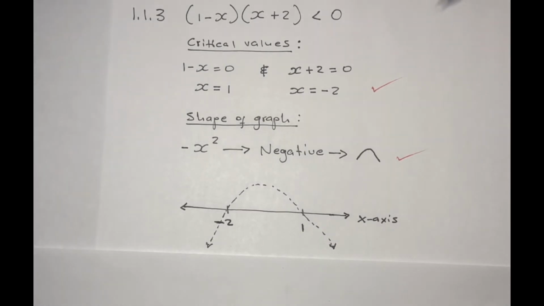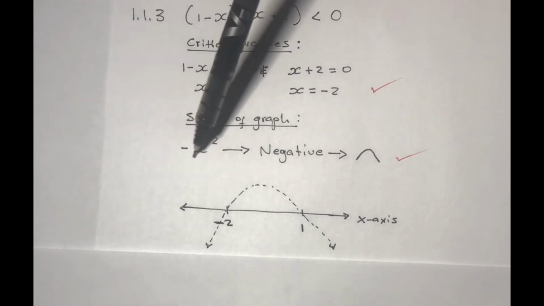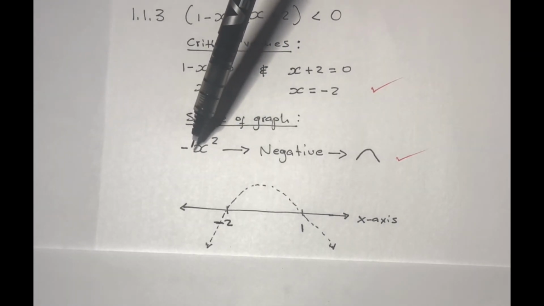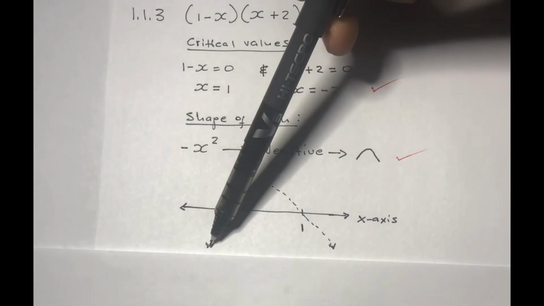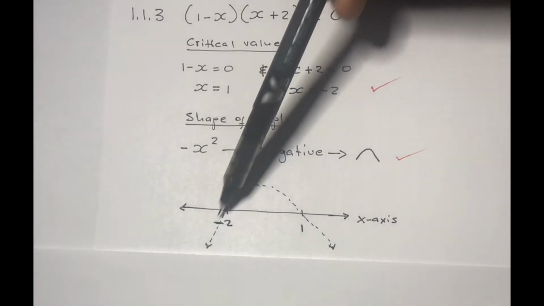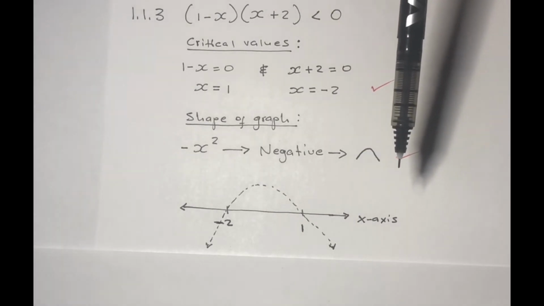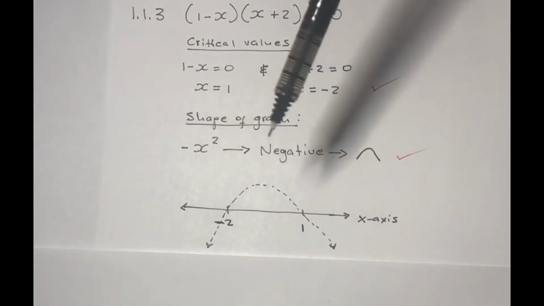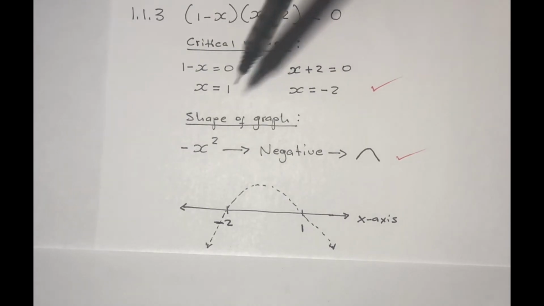And next step, we determine the shape of the graph. So if you can check, you multiply negative x times x, you get negative x squared, which means your a is negative. And remember, when your a is negative, you've got a sad shape. So that means your general shape of the graph is something which looks like this one. So after determining the shape of the graph, you then draw the x-axis where you write your critical values.